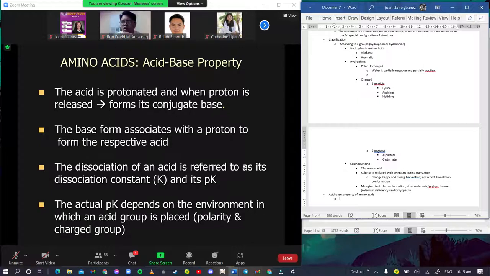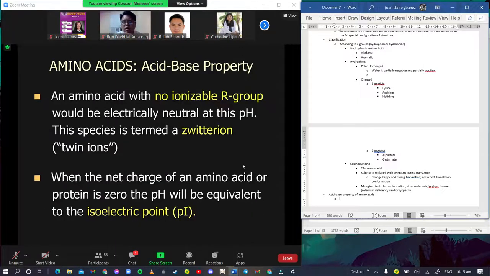Okay, the following slide would be clearer. But first of all, we have these two terms to remember. Zwitterion means there is no net charge, or the amino acid is neutral. The positive and the negative cancel out each other, so it becomes neutral, and it is called a zwitterion. And what is the isoelectric point, or the pI?